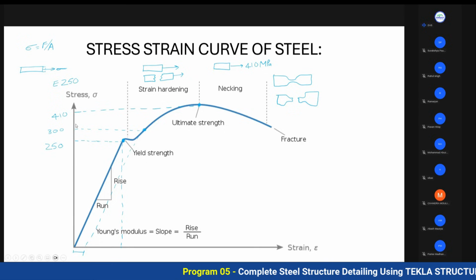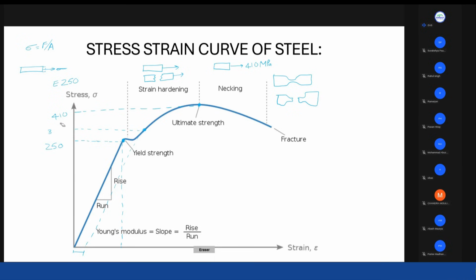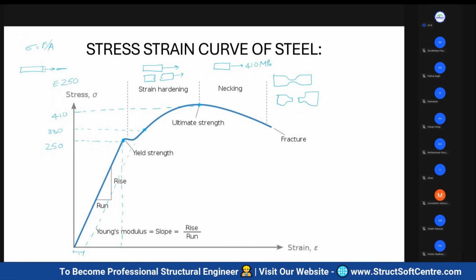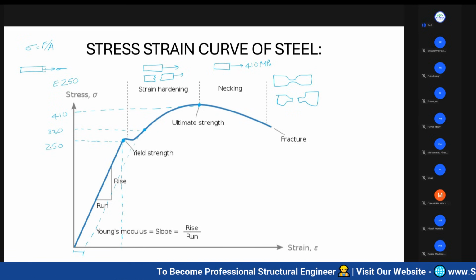That means there will be zero strain. But after 250, this 300 is just an example. This value can be 350, 330, 340, anywhere between 250 and 410. When you apply stress and then remove it, there will be certain permanent deformation in your member. That is what I was trying to tell.